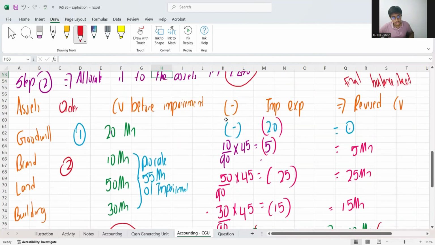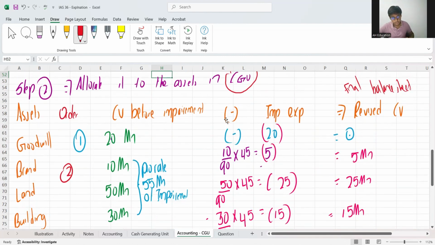Now, in terms of the other remaining assets, how do we allocate this 65 million? I told you, we first need to follow an order. First, you allocate it towards your goodwill, purchased goodwill, not internally generated, and then any other remaining assets on a pro rata basis.